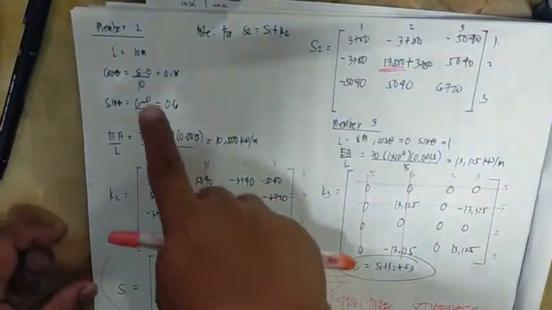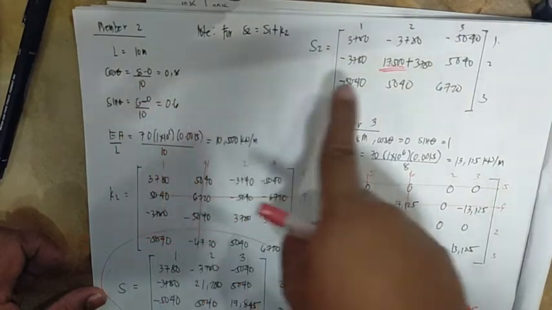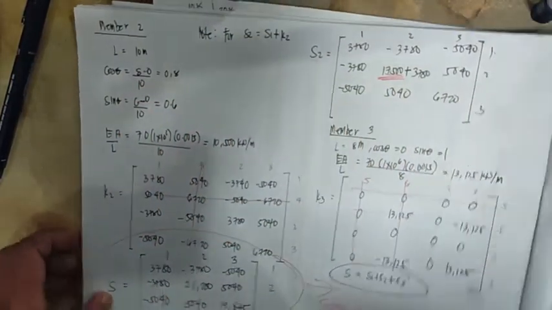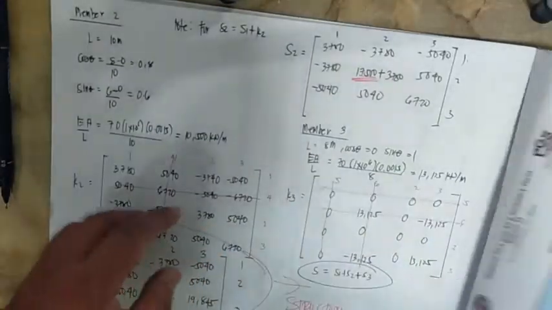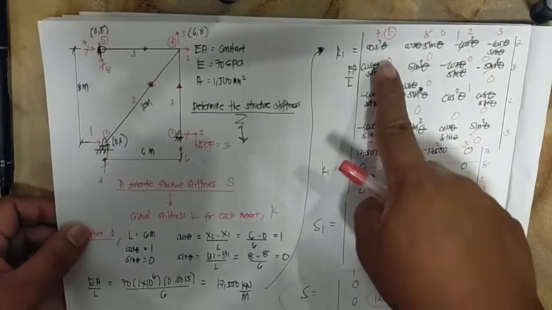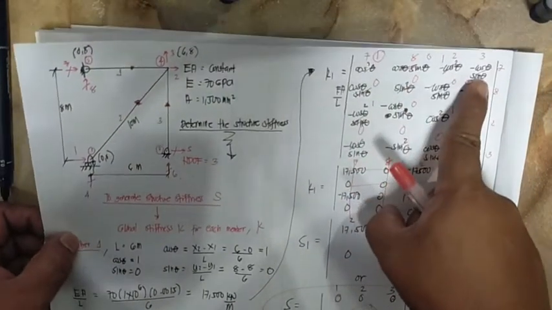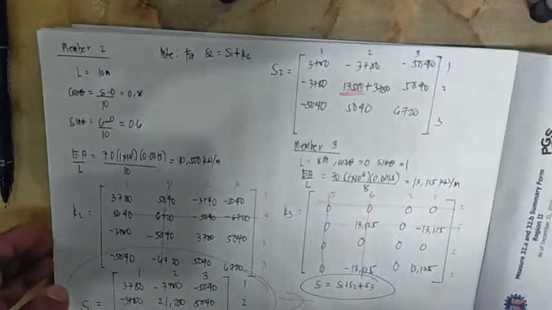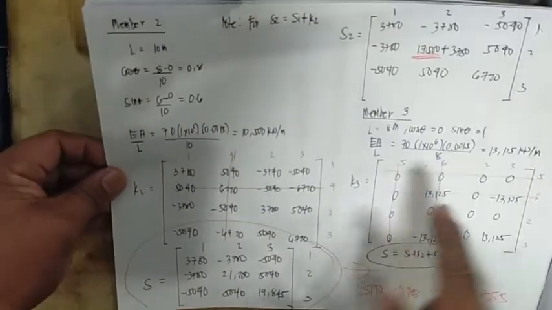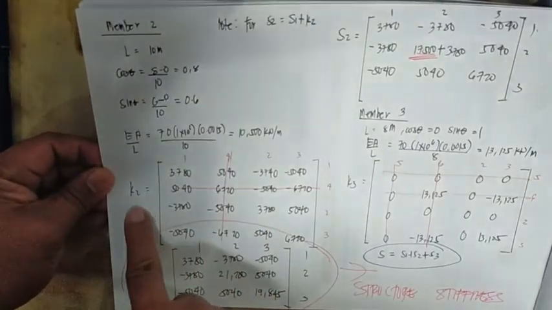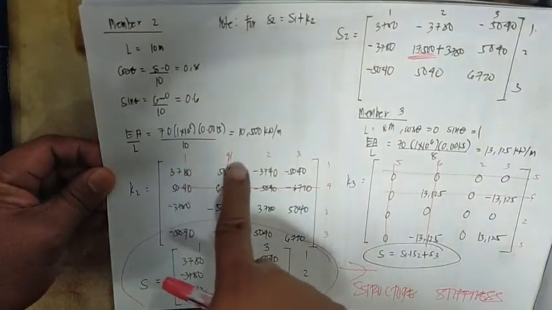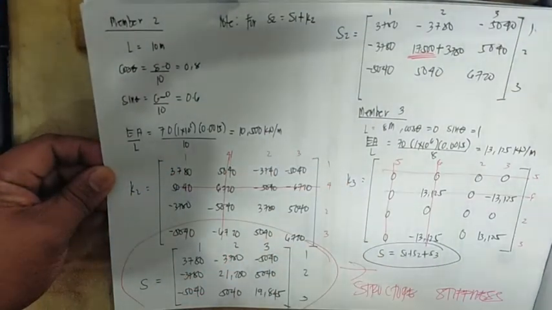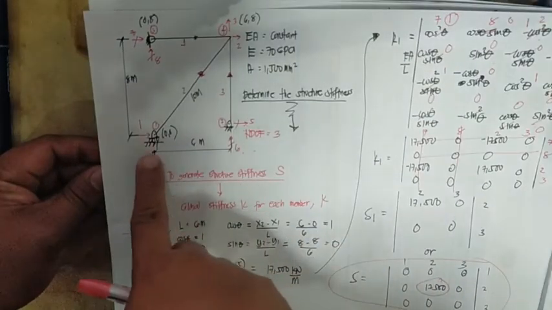Okay? Then, for member 2, here, length is 10, cosine, sine, then use the formula. What formula we should use? Apply this one: cosine squared, cosine sine, negative cosine sine, and so on and so forth. So, for member 2, we have here this structure stiffness, 1, 4, 2, 3. Always go back to your free body diagram.